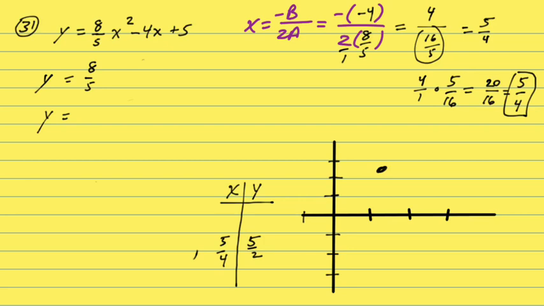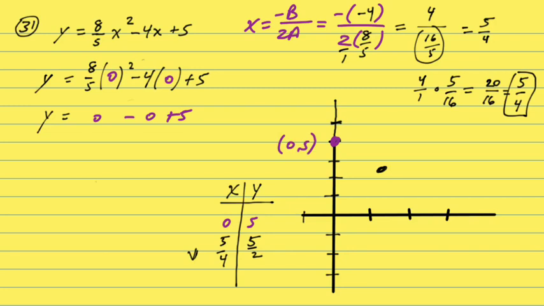You need to be able to put zeros in because it's really pretty easy. You just end up with the last constant, right? You get 0 minus 0 plus 5. So if you put in a 0, I think you get a 5, right? So I'm going to go 0, 5. I know it opens upward.